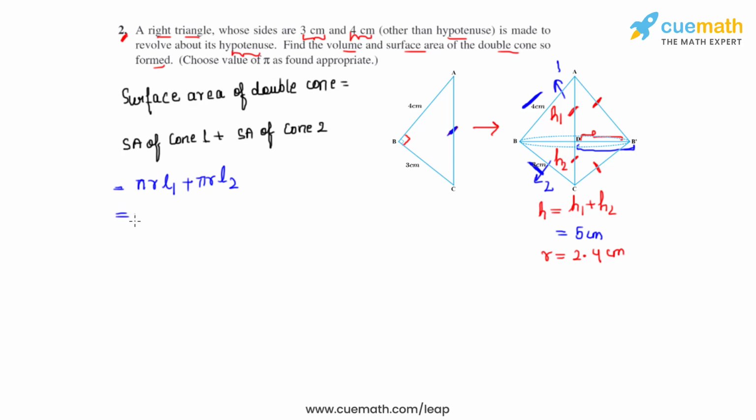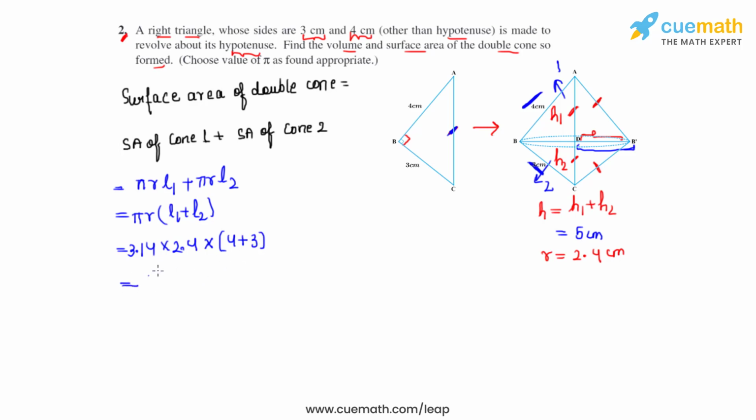So taking pi r common, we are left with L1 plus L2. So let's substitute that as 3.14 times 2.4 times L1 plus L2, which will be 4 plus 3, and that will be 7 on addition.